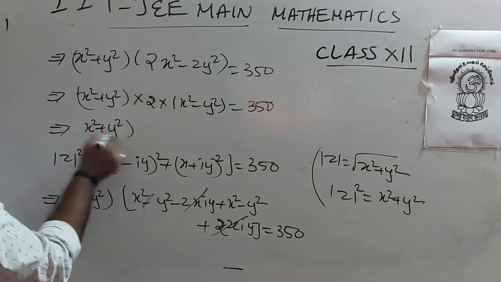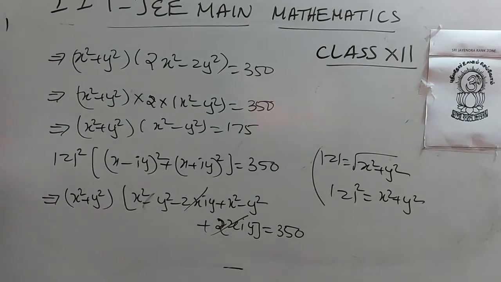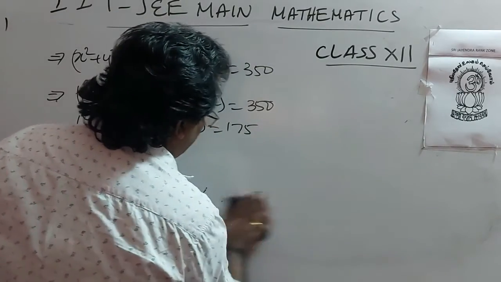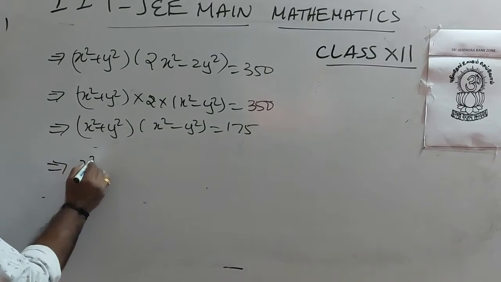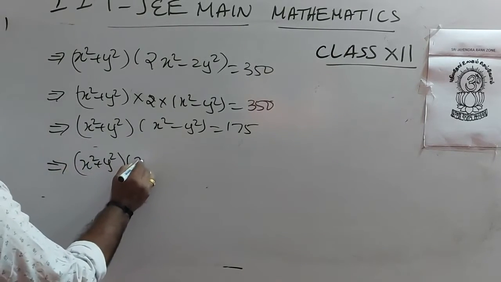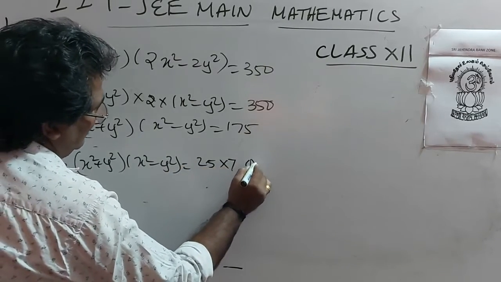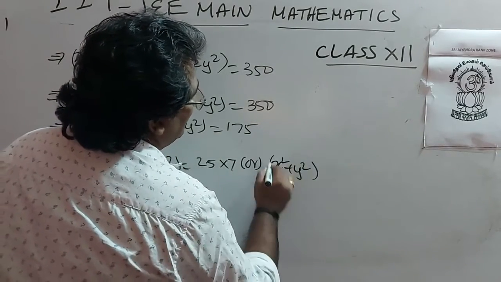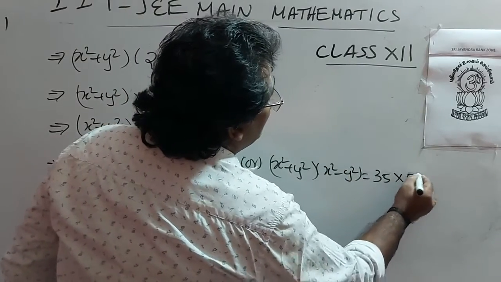x squared plus y squared into x squared minus y squared equal to 175. Which implies x squared plus y squared into x squared minus y squared equal to 25 into 7, or x squared plus y squared into x squared minus y squared equal to 35 into 5.